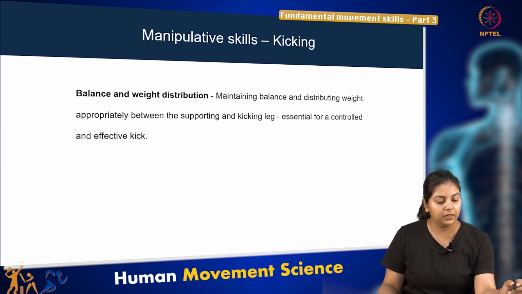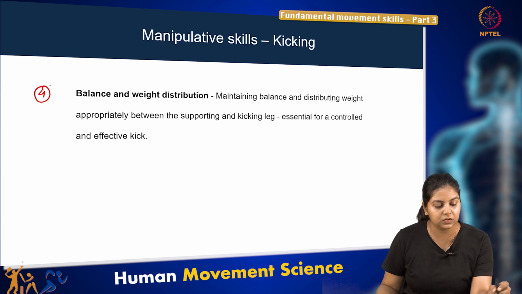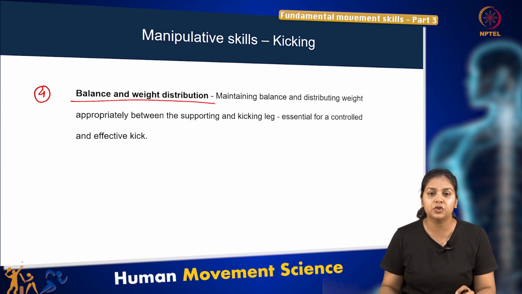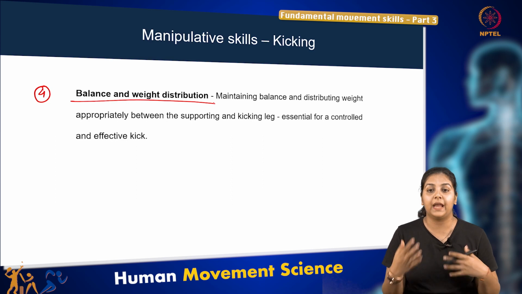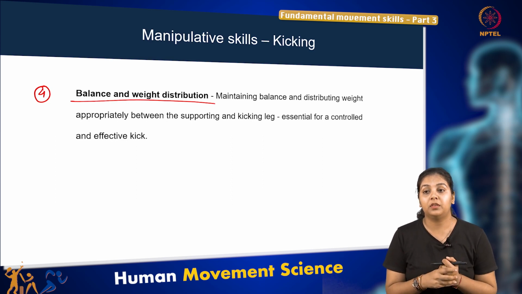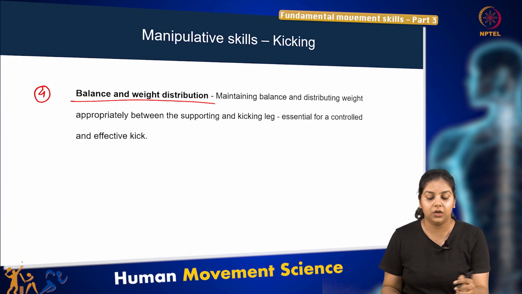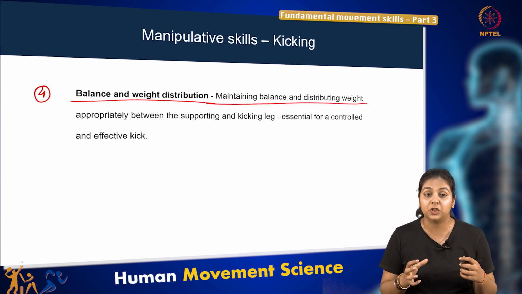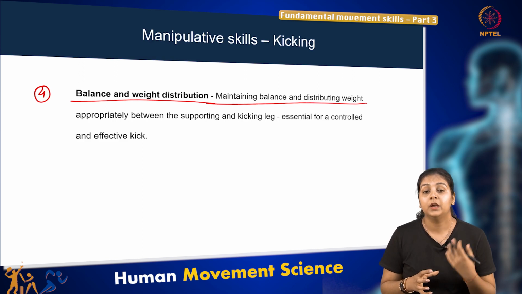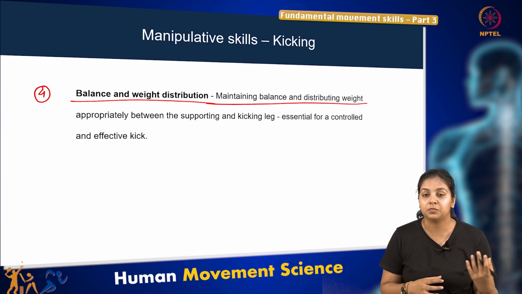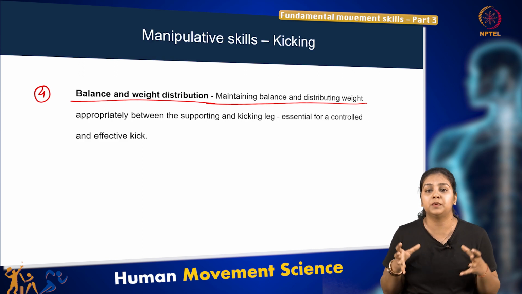Right, so what are some of the other ones? Apart from these, there's also the balance and weight distribution. You see how this variable keeps coming again and again. Whenever we are executing all of this, it's quite important to maintain your balance and distribute weight. Majorly from an injury perspective, it's quite important to maintain and distribute weight so that you get into a good position.